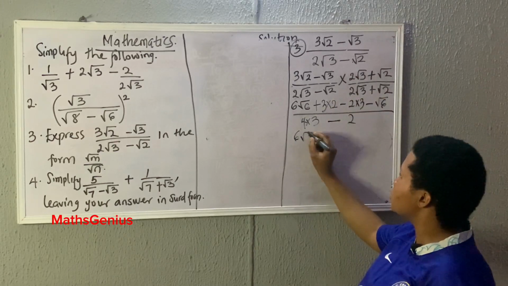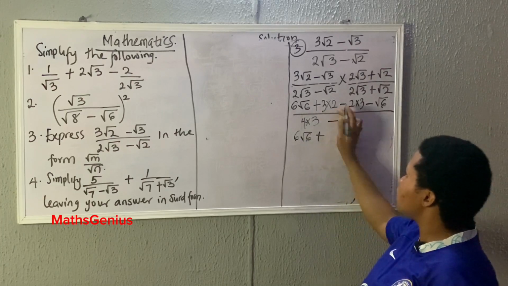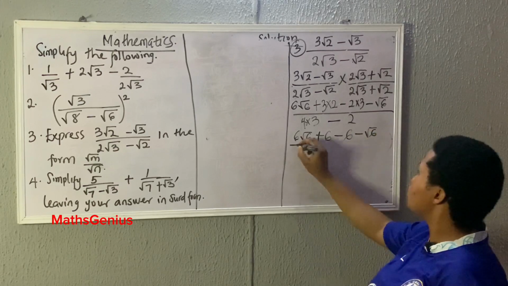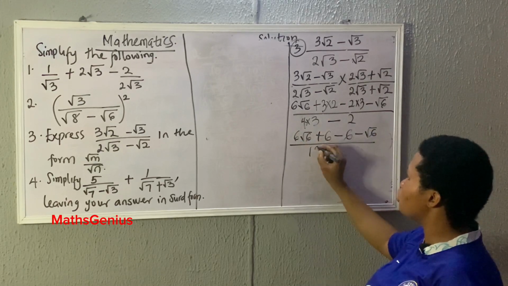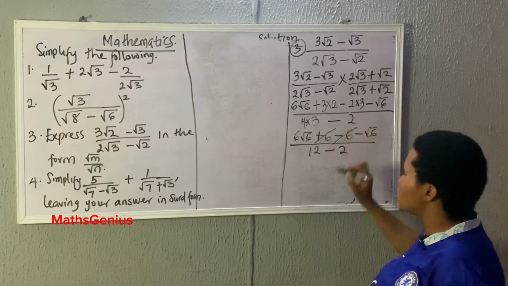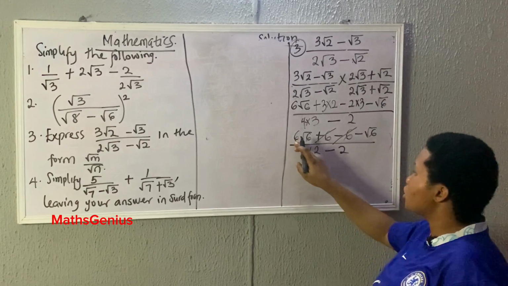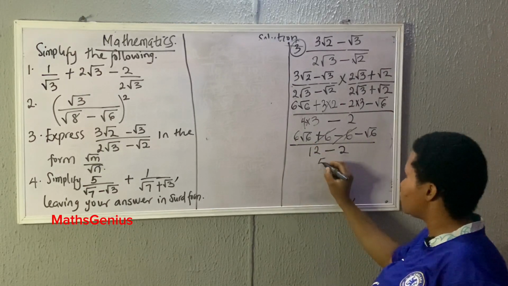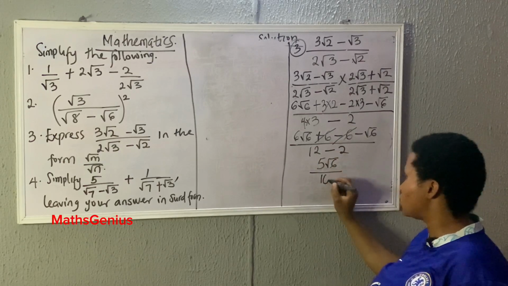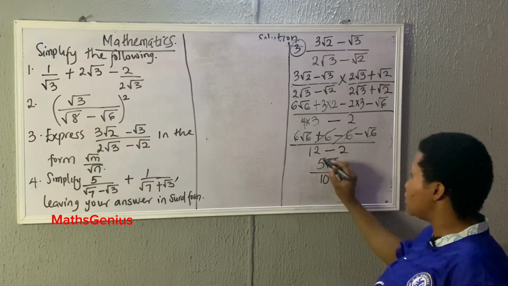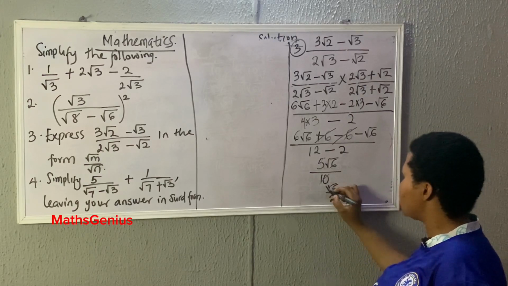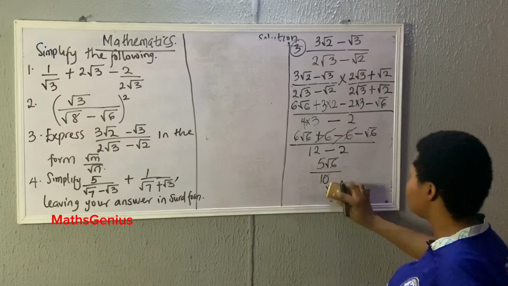So we have 6 root 6 plus 3 times 2 is 6, minus 2 times 3 is 6, minus root 6, over 4 times 3 is 12, minus 2. So minus 6 plus 6 is gone. We have 6 root 6 minus root 6, which will give us 5 root 6, over 12 minus 2, which will give us 10. Now we can divide: 5 here, 1; 5 here, 2. So we have root 6 over 2 as our final answer.